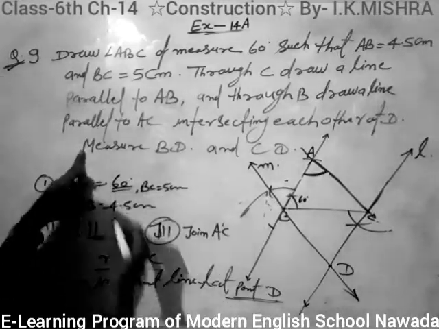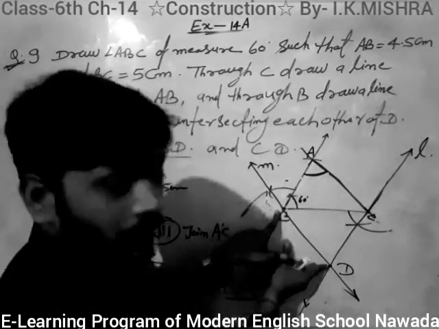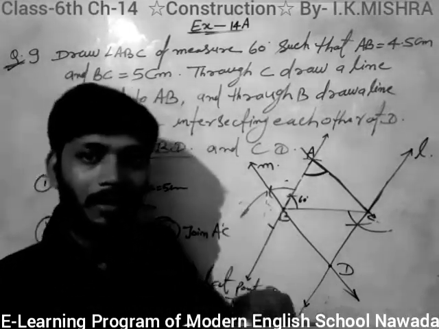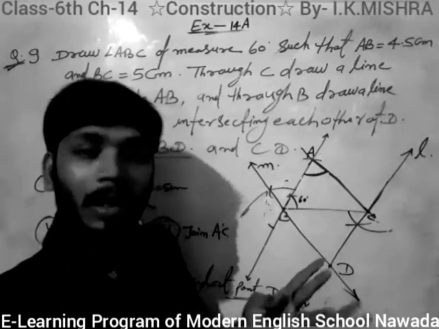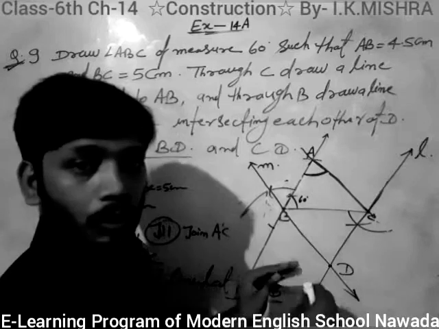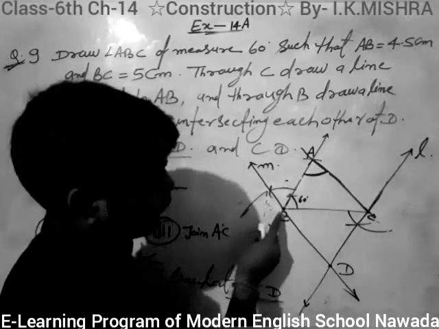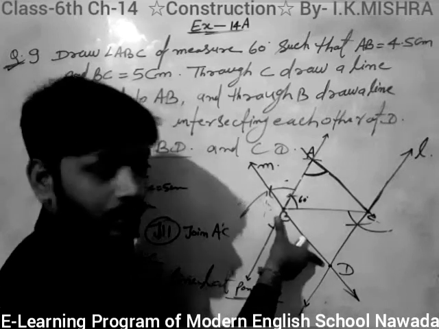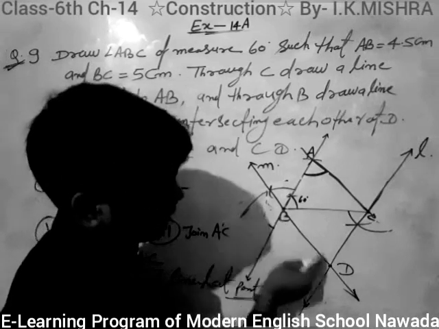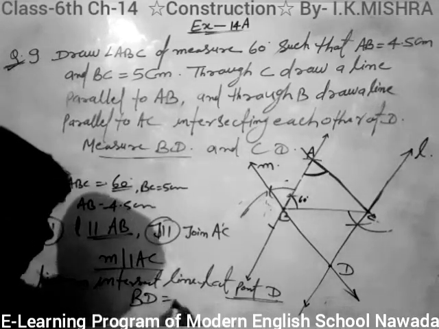And now measure BD. Students, you have to measure BD after constructing properly using a ruler and compass, so that your construction is correct, and finally you measure the length of BD. When you measure BD, you can write what BD is equal to.